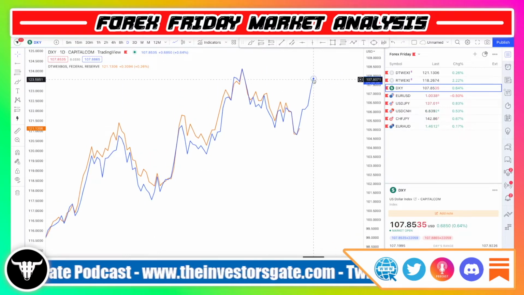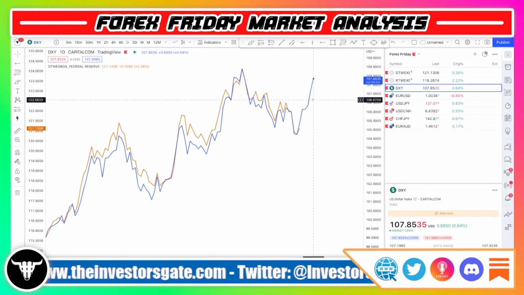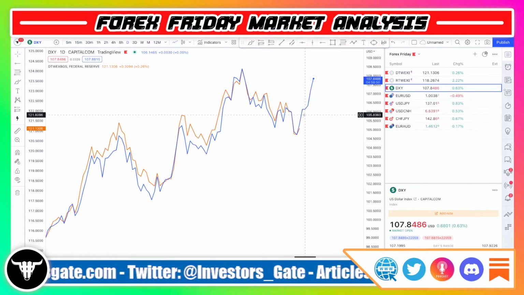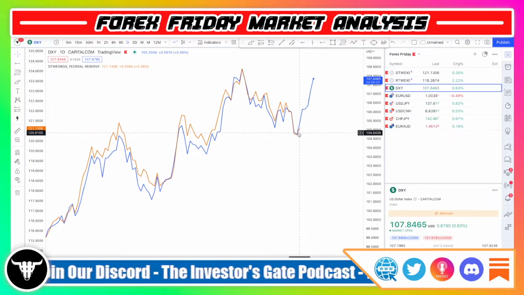You can see, though, this recent move is largely because of euro weakness, like excessive euro weakness relative to other currencies, and that's probably why the DXY in blue is pushing so much further than the trade-weighted index. But this can be helpful for giving you context, especially because a lot of people point to the DXY in a macro sense as indicating a dollar shortage or people fleeing dollars, when you're really just talking about the euro.